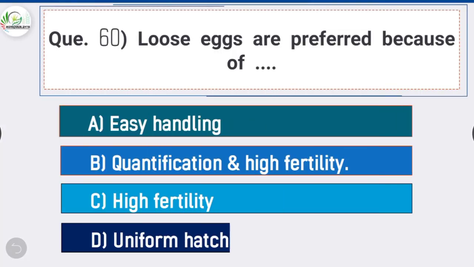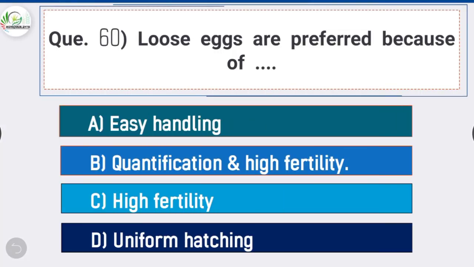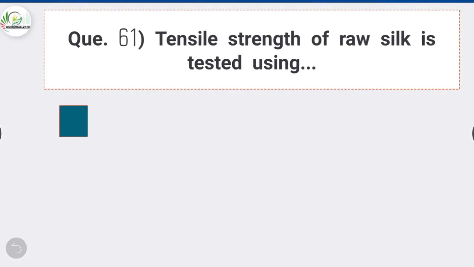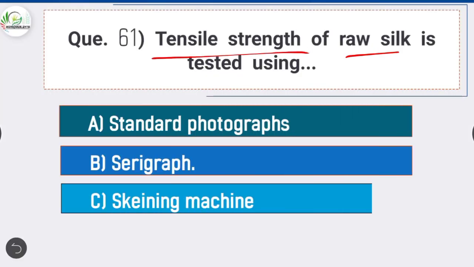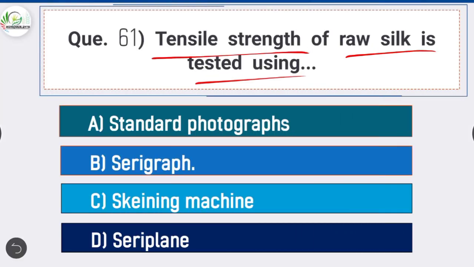Loose eggs are preferred because of, and the correct answer is quantification and high fertility. Loose eggs are preferred because of quantification and high fertility. Question number 61. Tensile strength of raw silk is tested using, and the correct answer is serigraph. Tensile strength of raw silk is tested using serigraph.